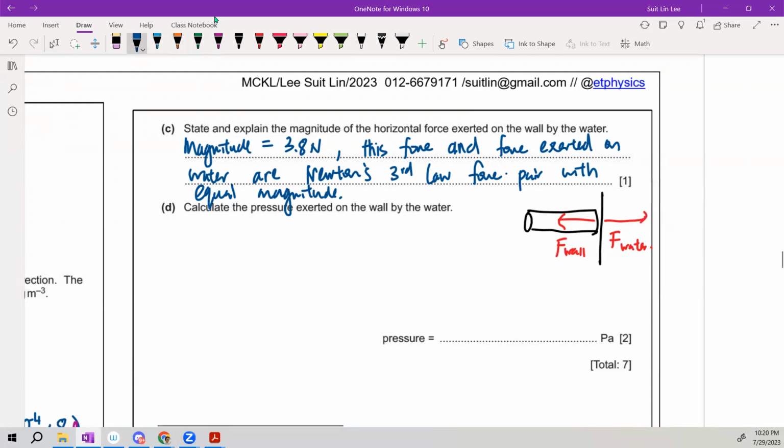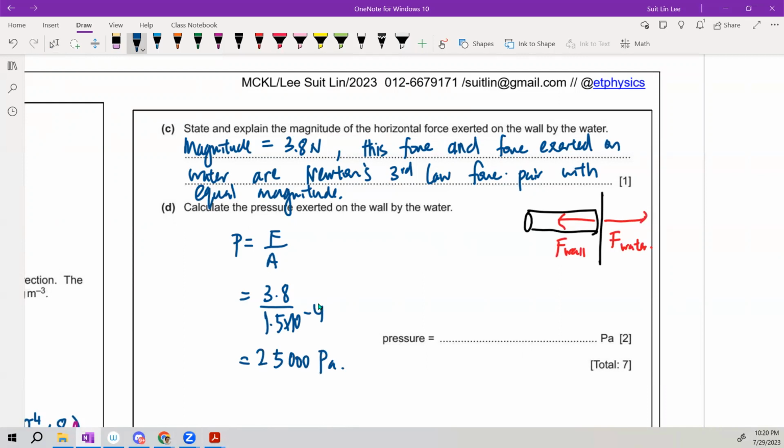Next, we want to calculate the pressure. Obviously, pressure is force over area. So we have that 3.8 divided by, what is the area? Divided by 1.5 times 10 to the power -4. So this is 25000 Pascal.